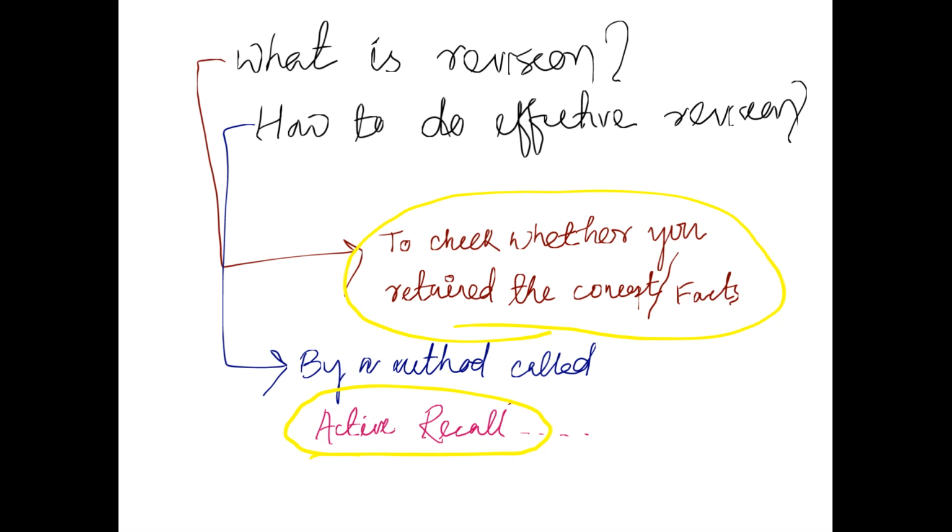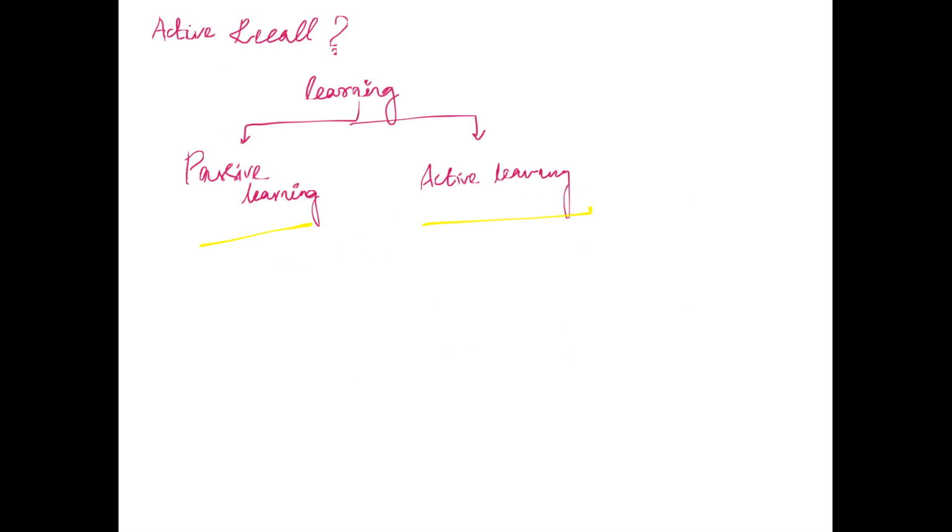See, there is a method called active recall. Before we understand this method, let's try to understand how our brain functions during passive learning and active learning. And what is passive or active learning? Passive learning is basically when we read something or watch some lectures or feed our brain with some information.